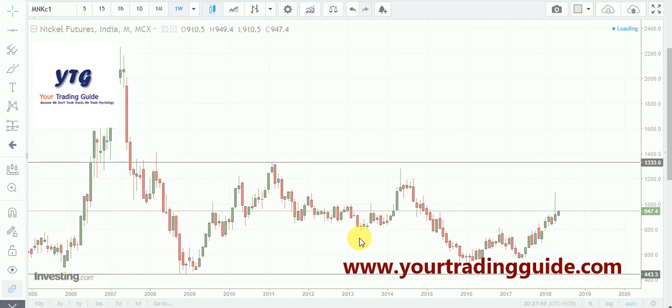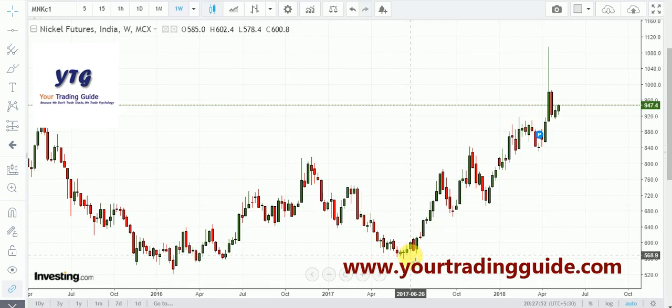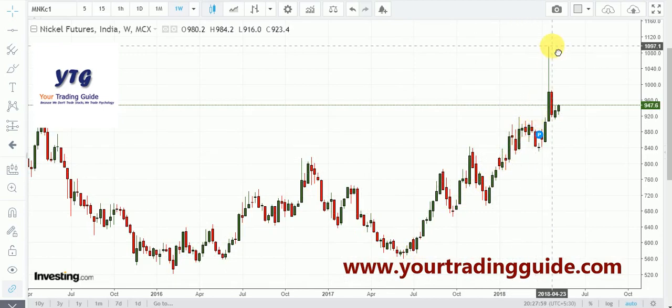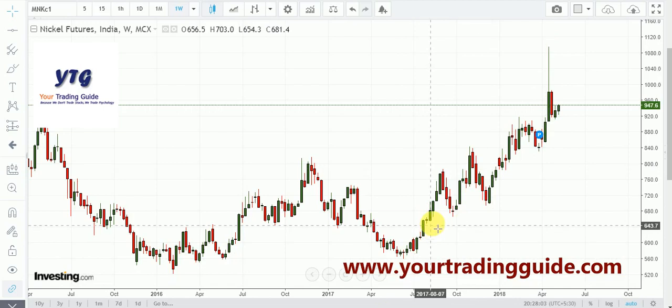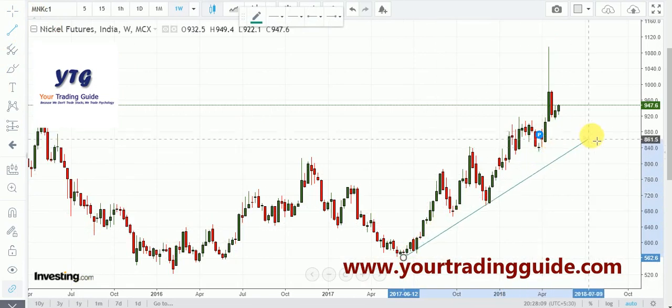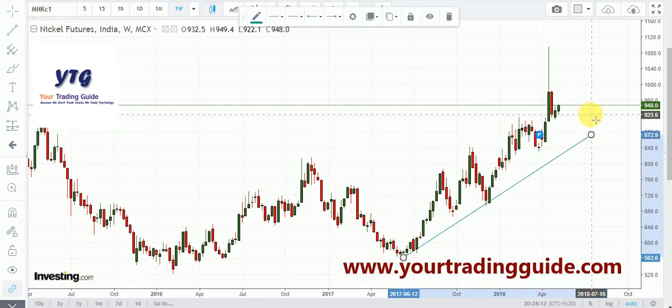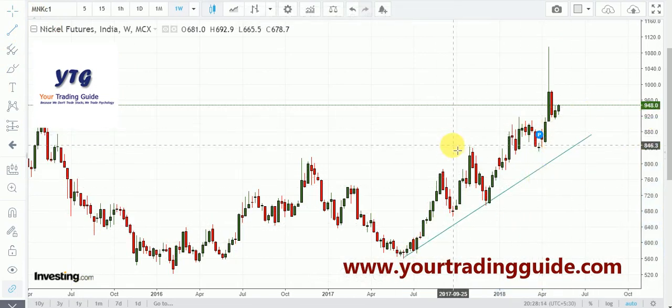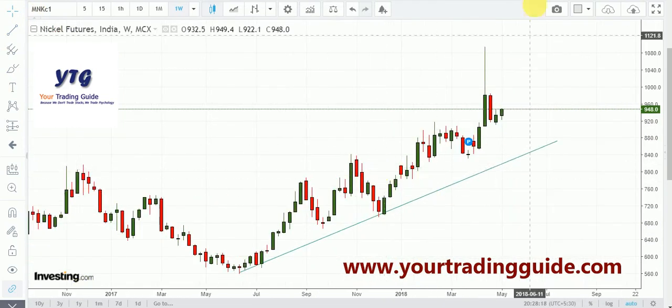Looking at the weekly chart, right from the 556, 557 areas, it moved till about 1098. So on the weekly, what is the trend? Very simple answer: draw a trend line and see where it is headed. It is headed up, so the trend is up. And most importantly, there is no sign of reversal.